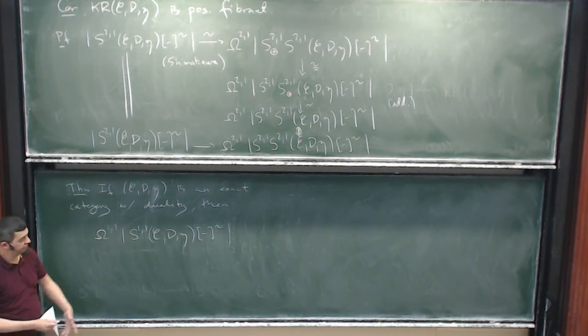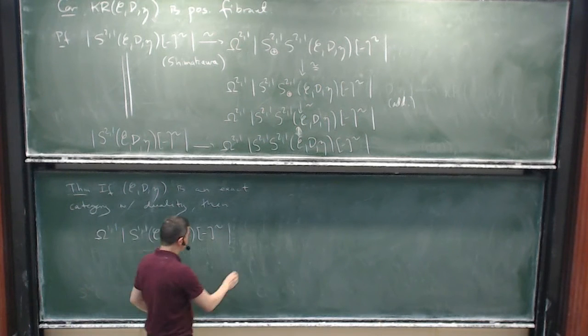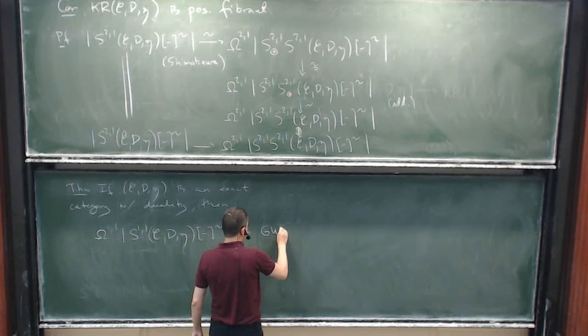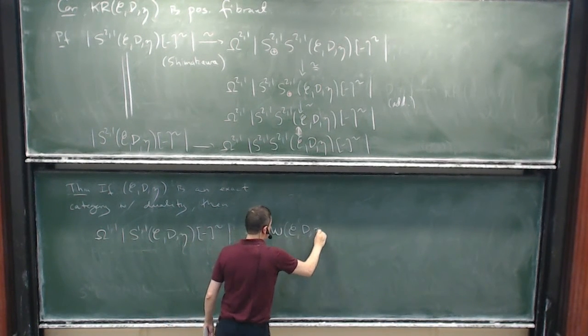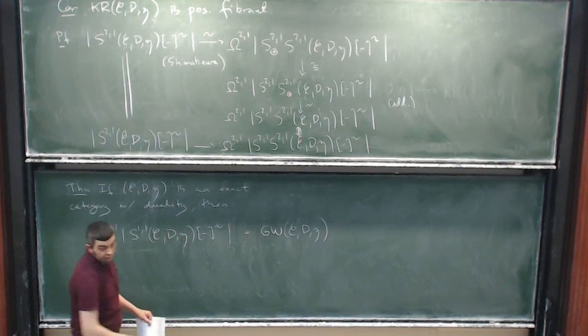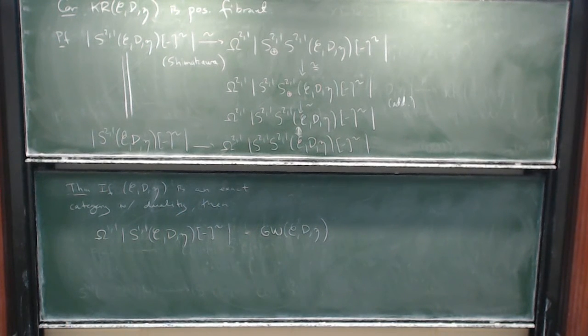So this is Marco's GW. If you don't know how to see this, ask somebody else. Oh, that's the fixed points.